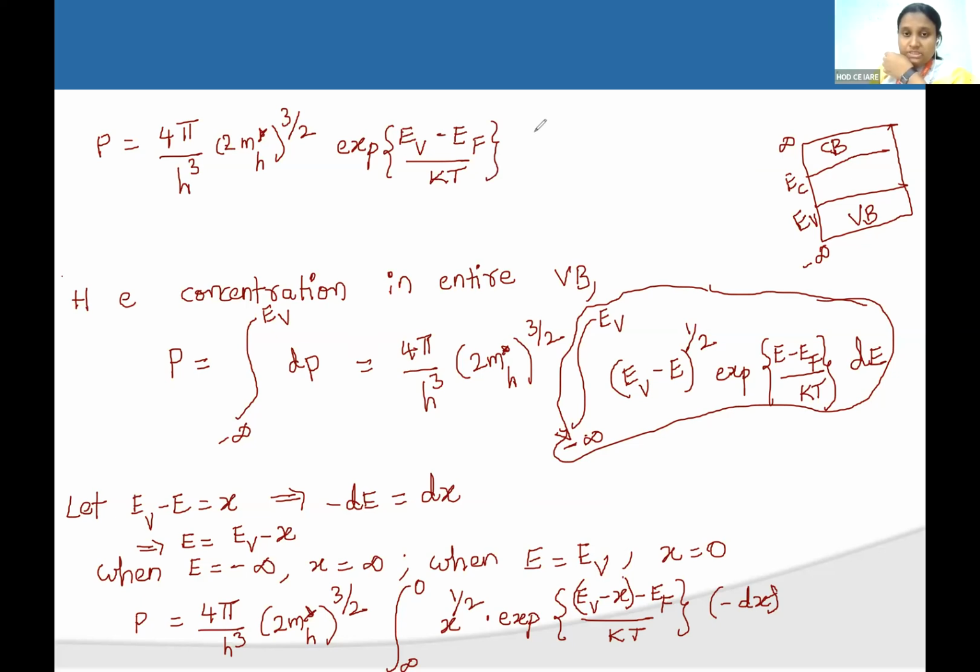Here we are left with this integral from infinity to 0 of x to the power of half, exponential of minus x by kT. Since I have taken E_V minus E_F outside, I'm left with minus x by kT, and here I have minus dx.